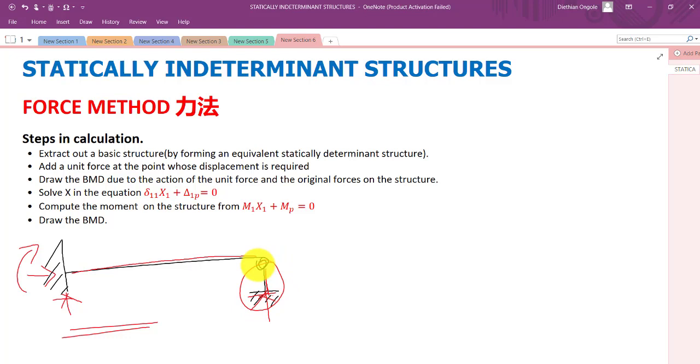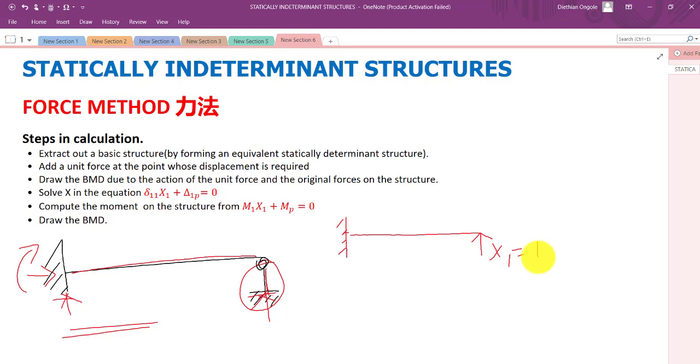So our system would be converted into a system of this nature. Then to keep my structure equivalent to what I had initially, I add a force at this point, which we usually name x1, and we usually give it a magnitude of 1. That is one of the ways in which we can do that.